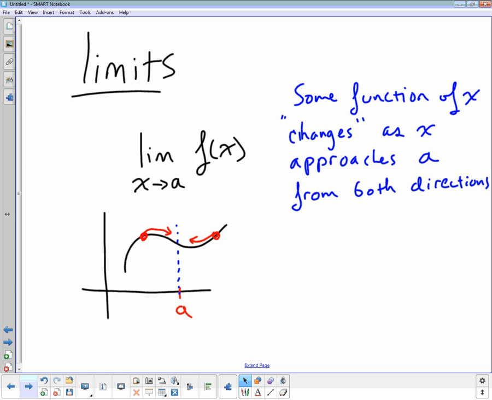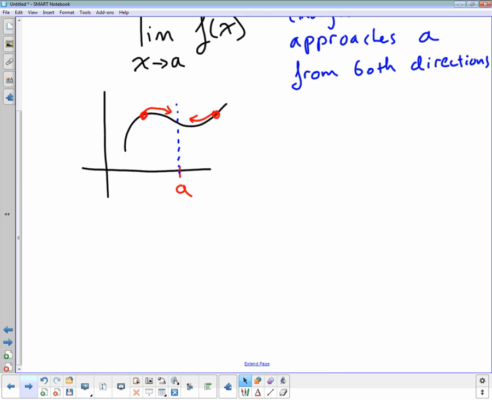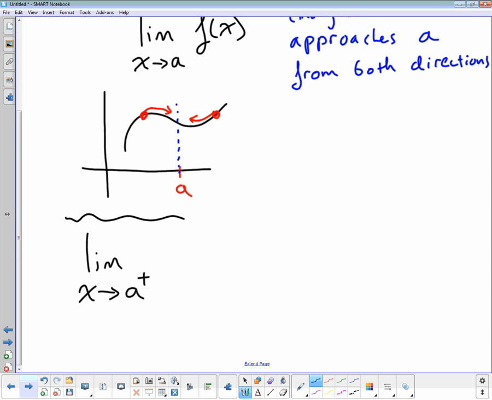Just for the record, there are two other limits. You can be approaching it not just from both directions, but only from one side or the other. Those are your left-hand and right-hand limits. This is very similar: x approaches a from the right. The plus sign is almost kind of misleading. It's not like you're heading towards the positives, or moving from left to right.